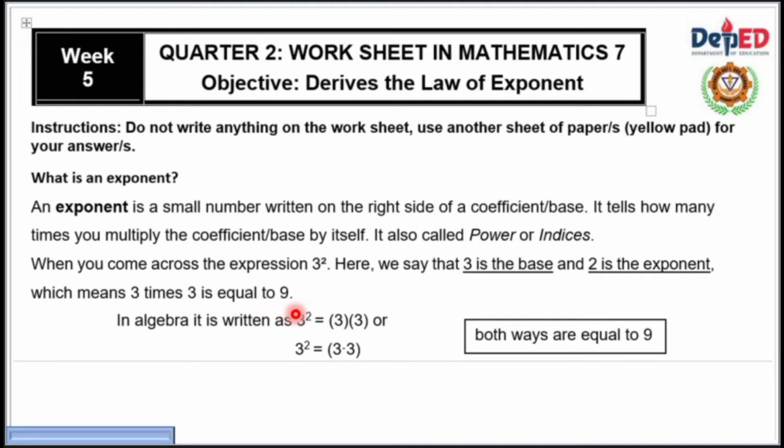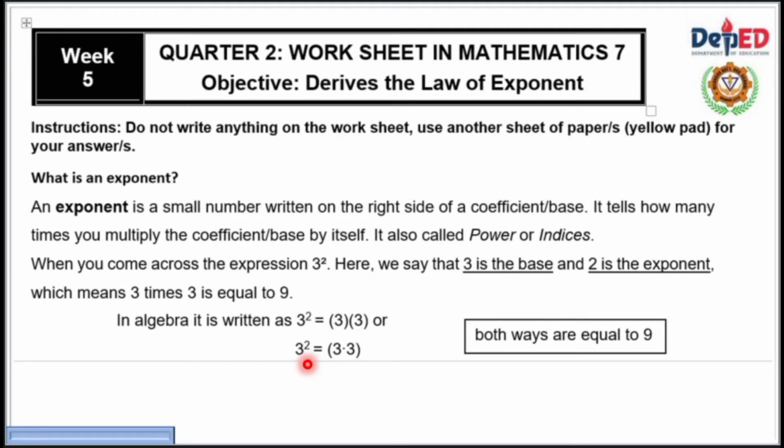In algebra, it is written as 3 squared is equal to 3 times 3. The parentheses, or the symbol in between the two 3s, are other ways of expressing a multiplication operation.